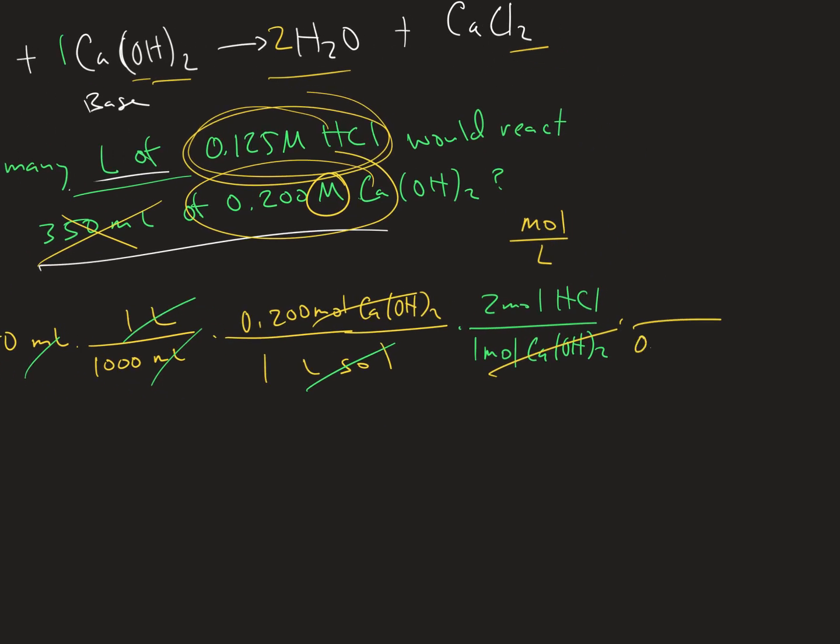Moles. 0.125 moles of HCl per 1 liter of solution. That goes away. And I'm left with liters of solution. And I got 1.12 liters of my HCl solution of the 0.125 molar HCl.